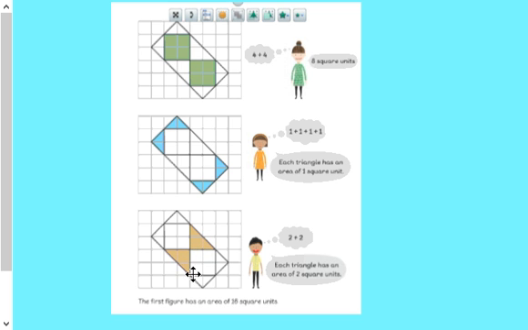So if I then add them all together, it would be 8 plus 4 is 12, plus 4 would equal 16. So the area of this triangle would be 16 squares. Now that looks quite tricky, but what you need to do at the beginning is break it up into manageable chunks.